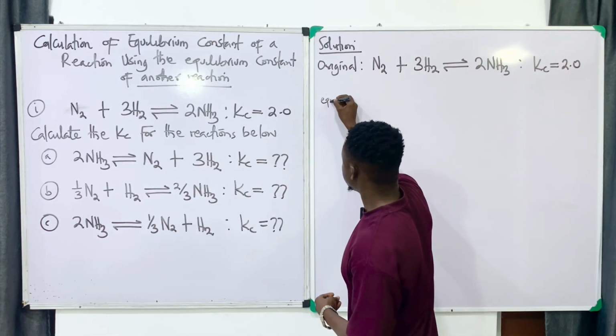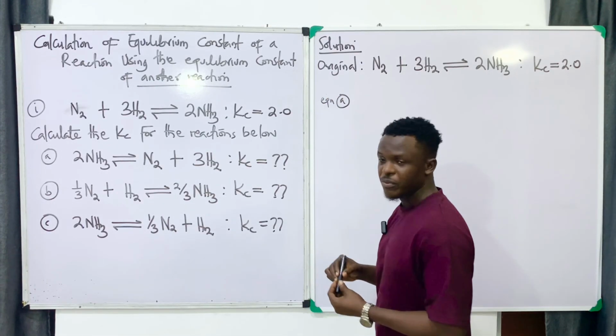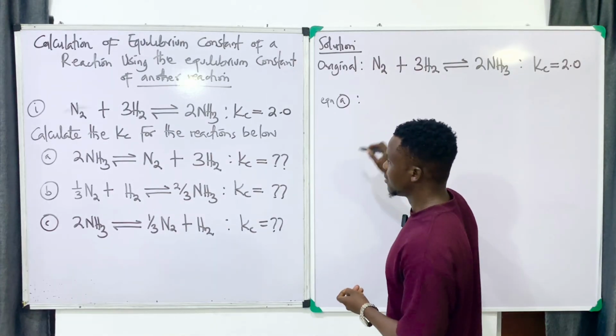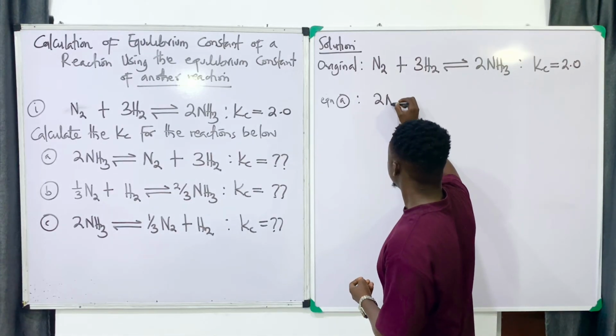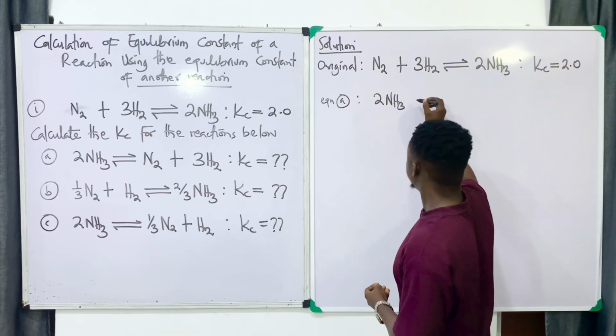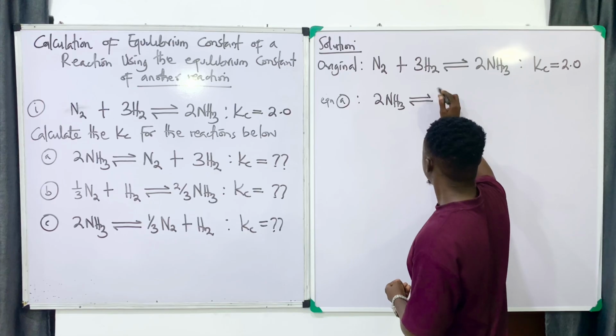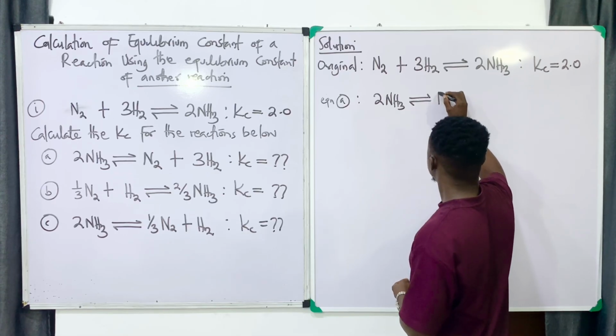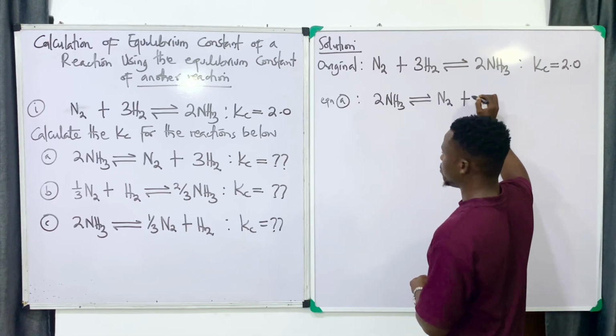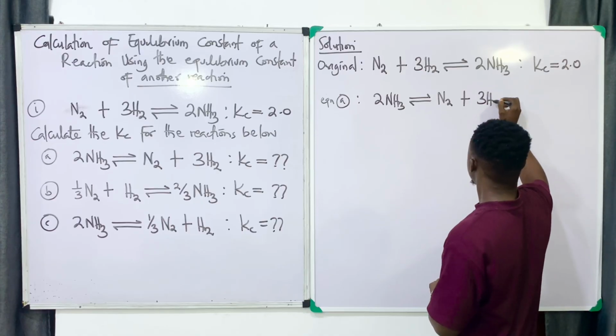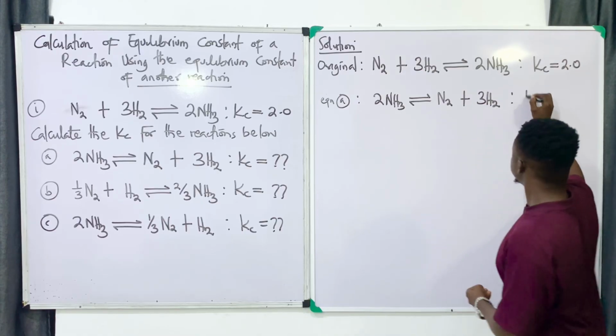Now, equation A is 2NH3 giving us N2 plus 3H2.